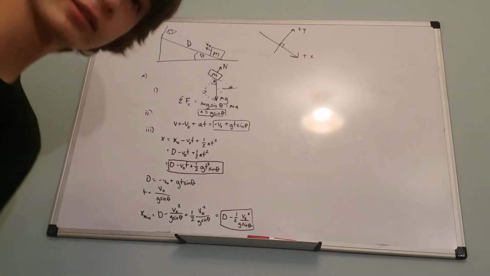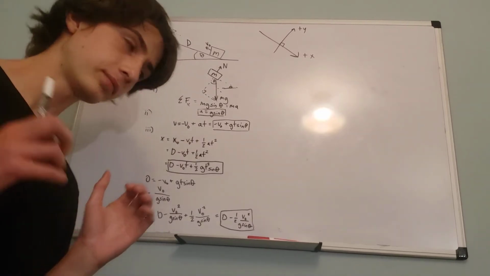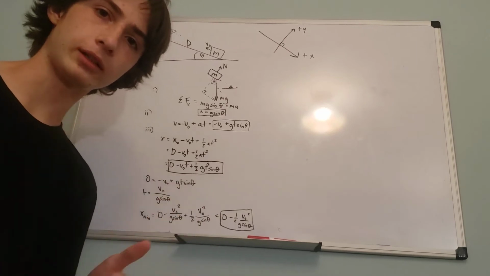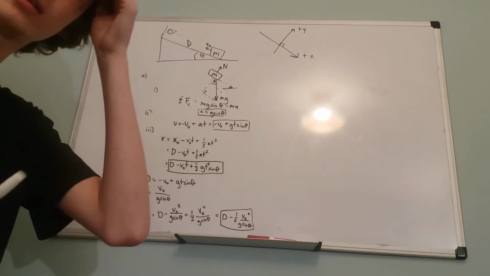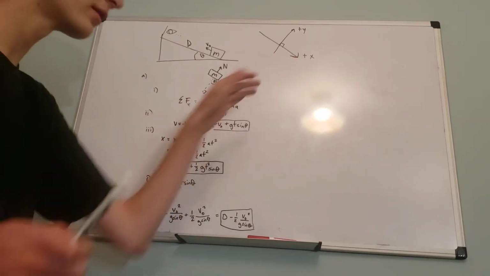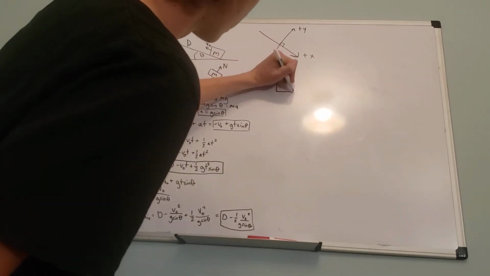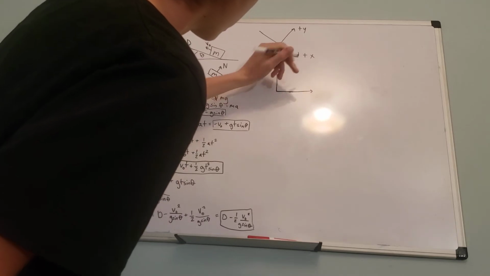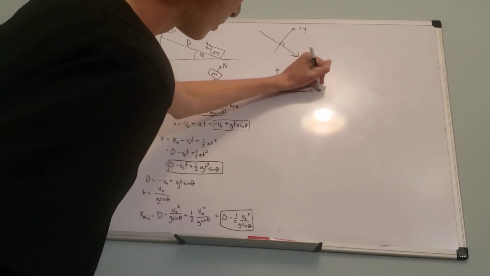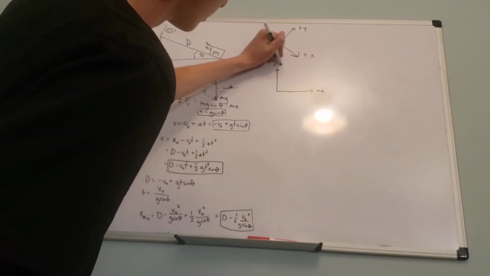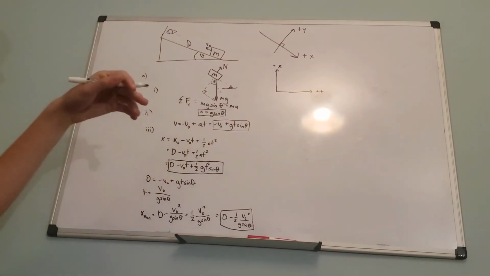Okay, we are asked to graph the position, velocity, and acceleration of the block over time for these axes. Here's my position graph.